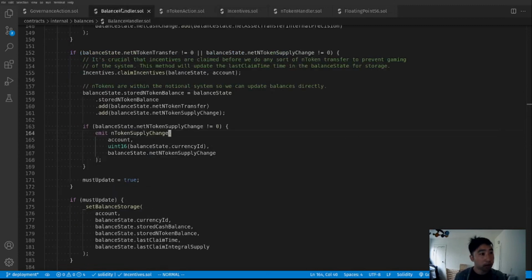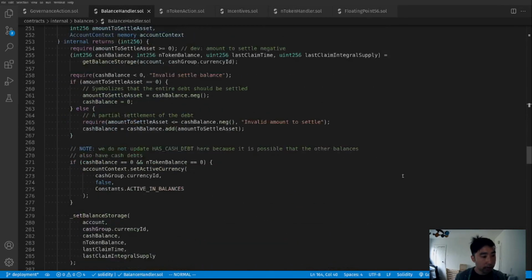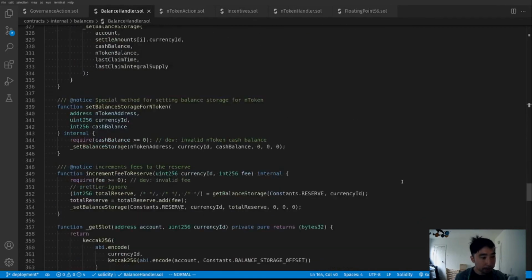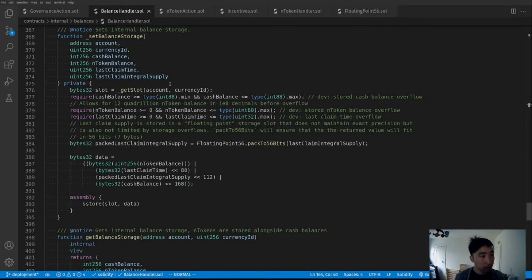Now, one thing we do want to note here is that we're always looking for gas efficiency within Notional. So when we go ahead and set the balance storage, we want to fit this within a single 32-byte storage word. Now, with cash balance and nToken balance, we want to maintain exact precision, so we don't do this, and same thing with the last claim time.